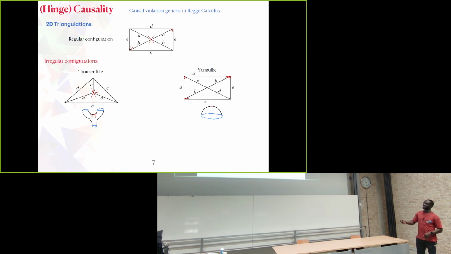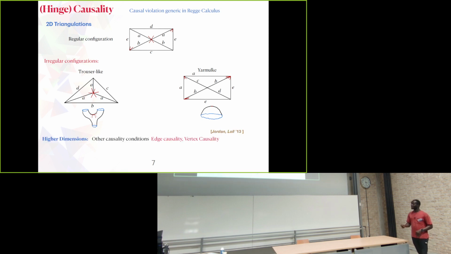For example, with more than 2 light cones, you can see this as the trouser configuration: you go from the past and there are 2 futures. There is also a Yamuk-like configuration. In higher dimensions, there are more conditions, like edge causality and vertex causality, and Renate and Jordan have already mentioned this. I think it's still an open question how to deal with these types of causalities.